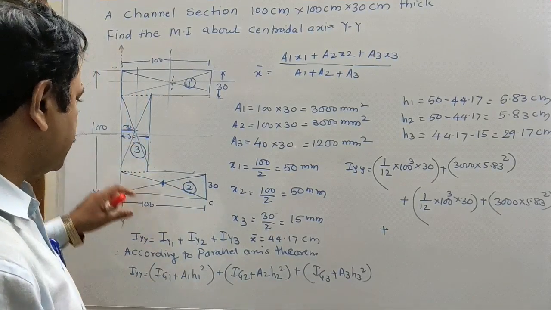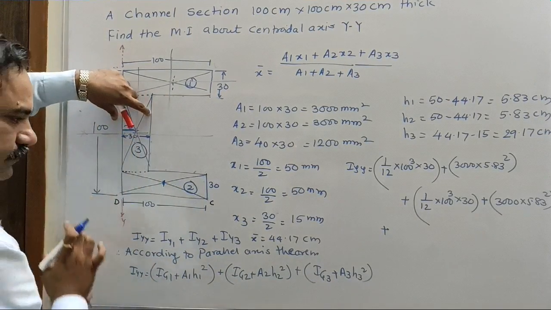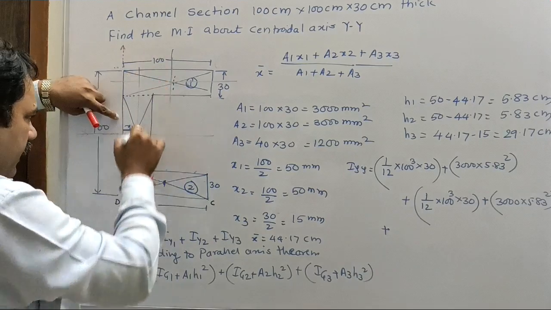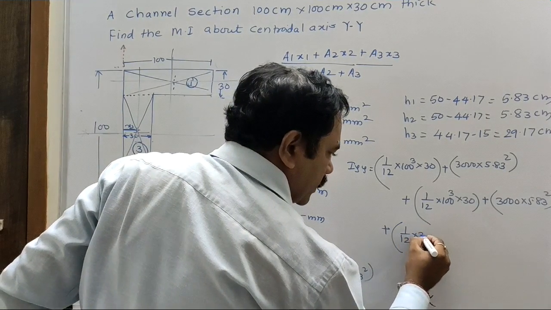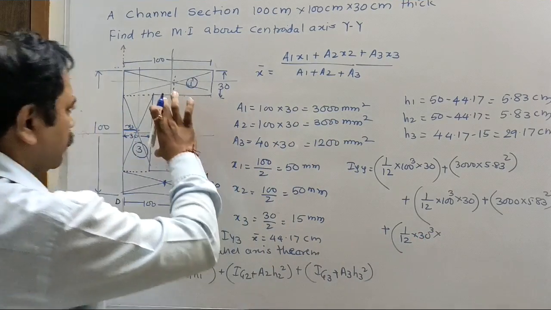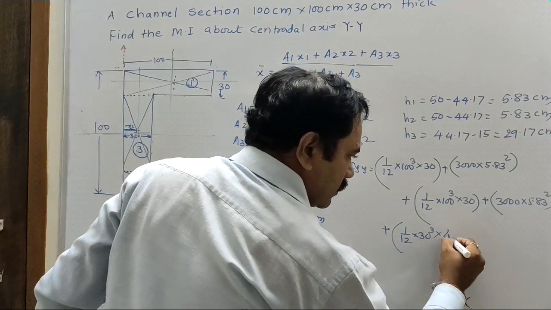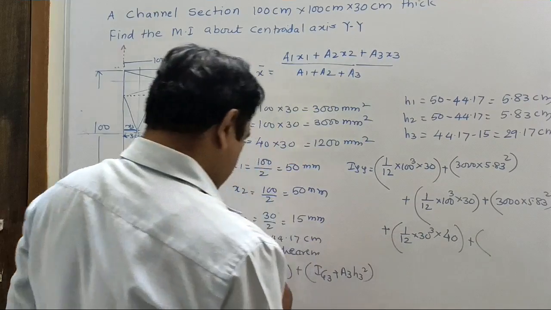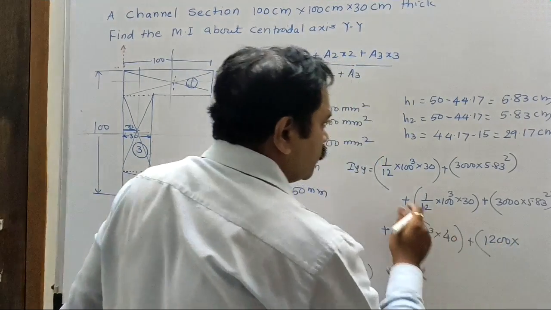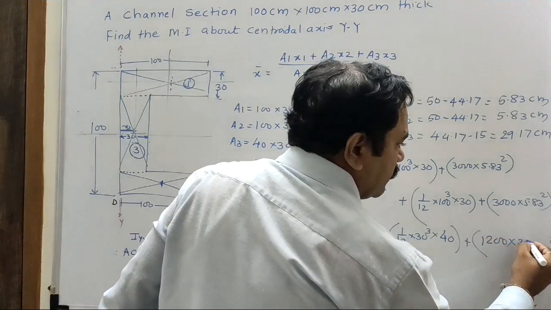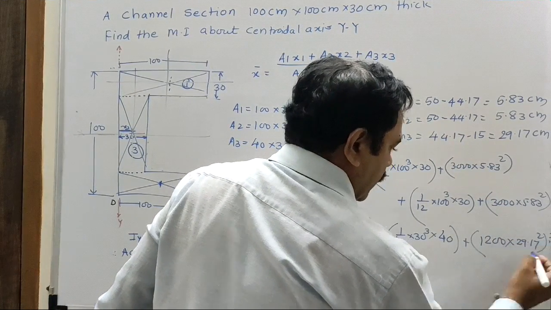Now third, IG3 means the third rectangle. So the vertical dimension cut is 30. So we will take 1 by 12 into 30 cube into 40, plus A3, which is 1200, into H3, which is 29.17 square.